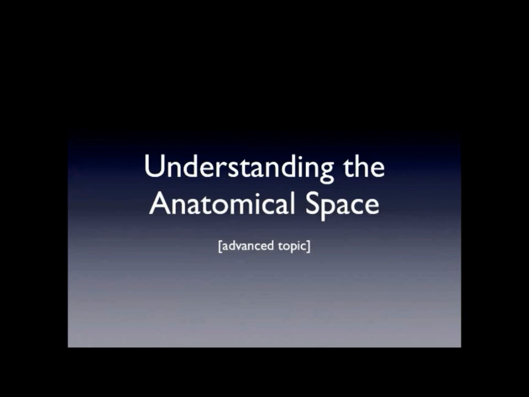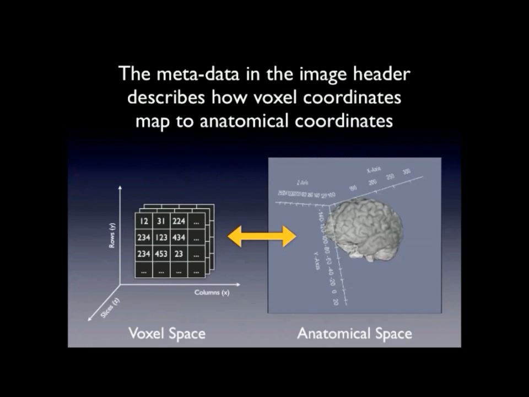So one of these advanced features is understanding the anatomical space of images and doing some manipulations. We already mentioned that the metadata in the image header describes how voxel coordinates map to anatomical coordinates. And this picture just tries to show this. So we have a voxel space where the coordinates are columns, slices, and rows.